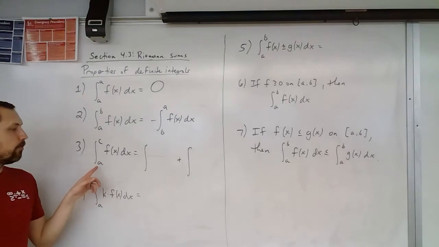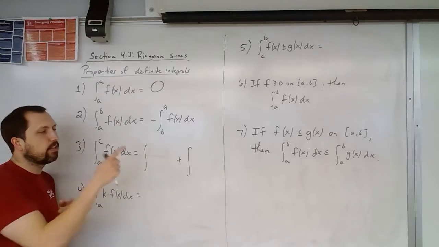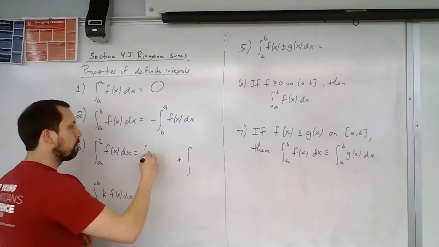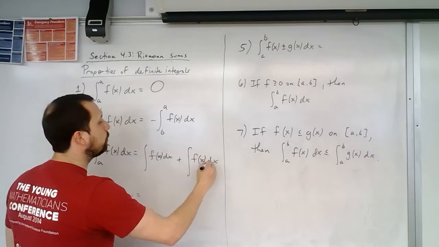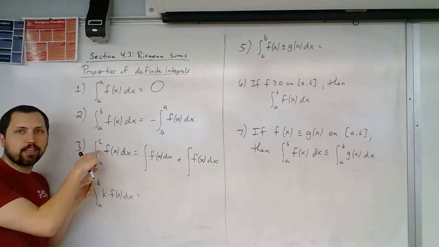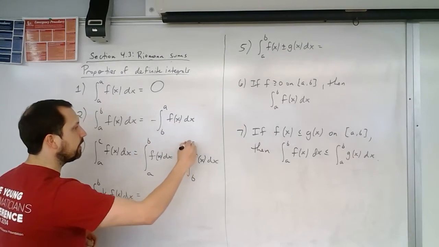If I take the integral from a to c, I could separate this into two different integrals for my function. So if I want to separate this into two of them, I can separate it based off of the endpoints. So I could go from, say, a to b, and then from b to c.